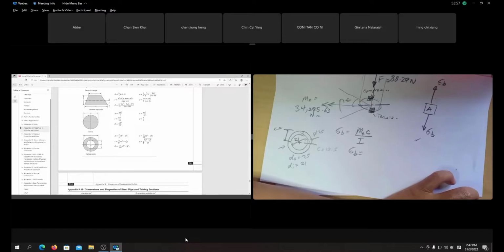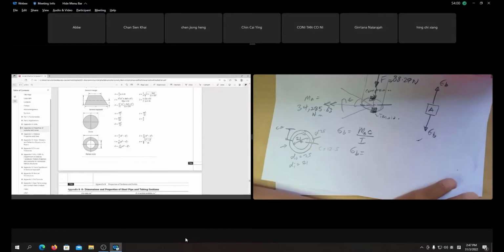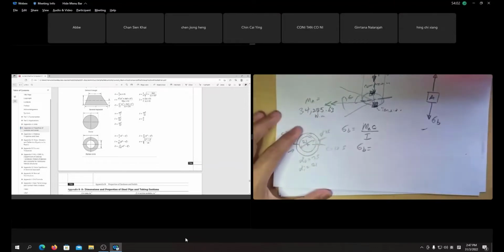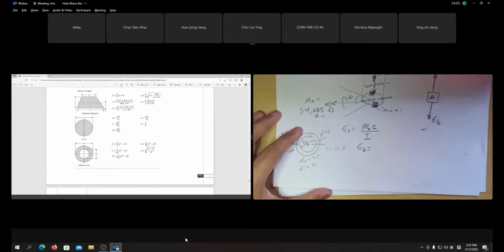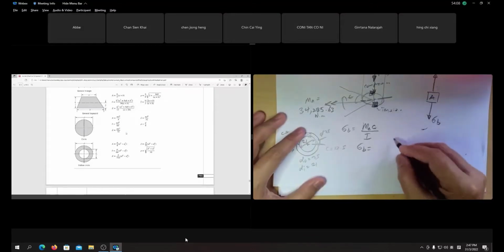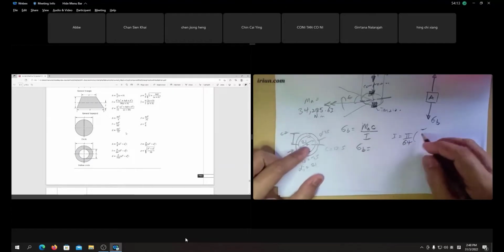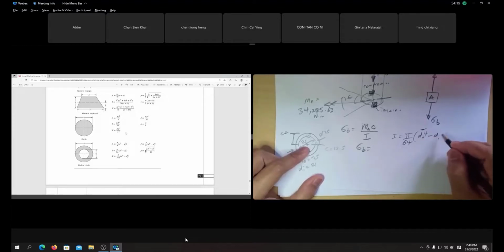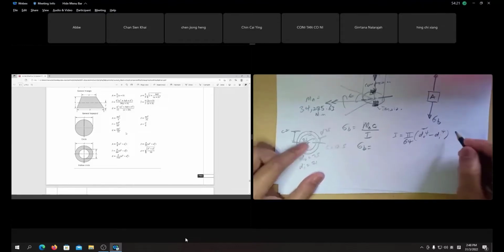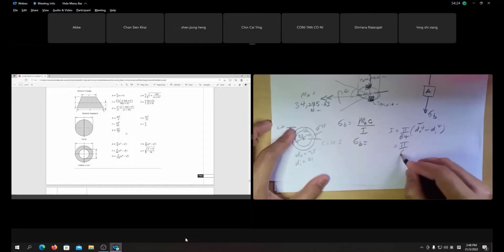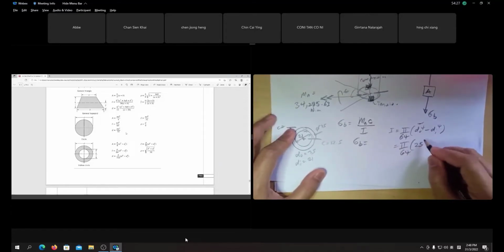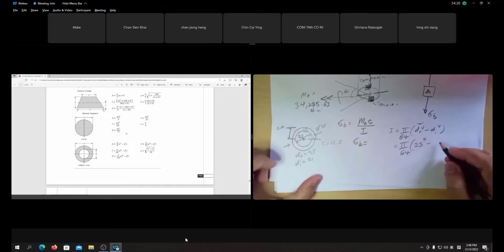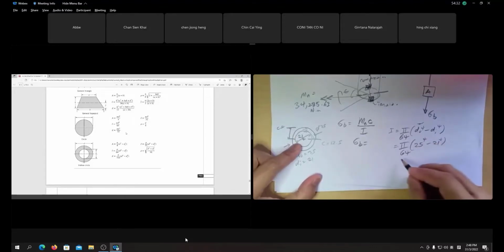What is it for the hollow circle? Pi over 64, the outside diameter to the power of 4 minus the inside diameter to the power of 4. That is your I. So pi over 64, 25 to the power of 4 minus the inside, 21 to the power of 4. So what is your I value?